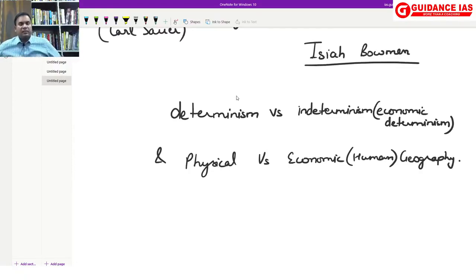Since then, there has been less talk of dichotomies and dualisms in geography.